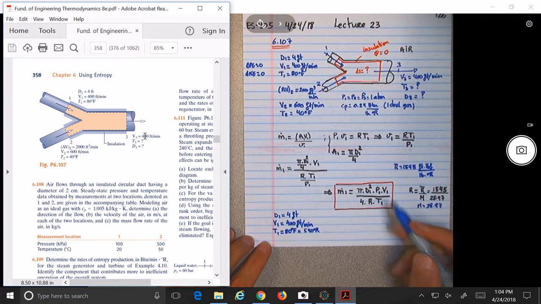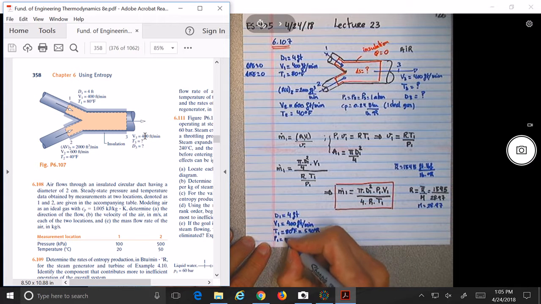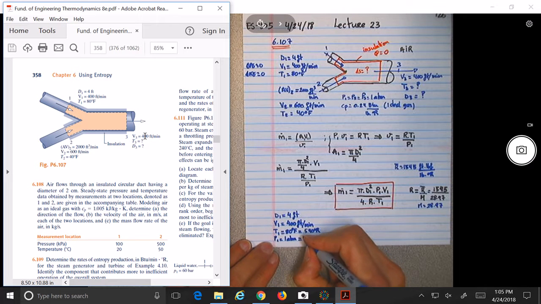All right, so we have D1. Okay, what would be P1? What is 1 atmosphere in English units? Okay, so 14.7 lb per square inch.